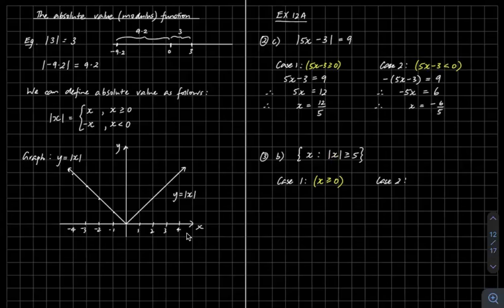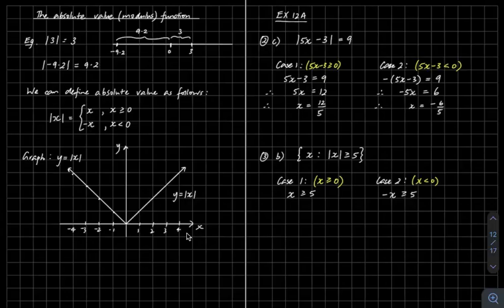So that's when x is greater than or equal to 0, and case 2 would be where x is in fact a negative value. So in the case that x is greater than or equal to 0, taking its absolute value has no impact on it at all. The absolute value of x is equal to x when x is greater than or equal to 0. But when x is less than 0, the absolute value of x is the negative of x.